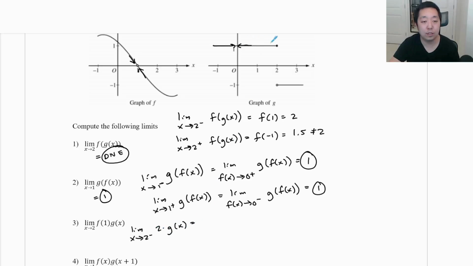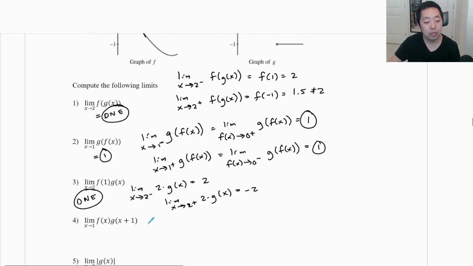From the left, it's approaching 1, so this would be positive 2. And then from the right, it's going to approach negative 1, so 2 times negative 1 is negative 2. So this one does not exist because the limits from the left and the right don't match.